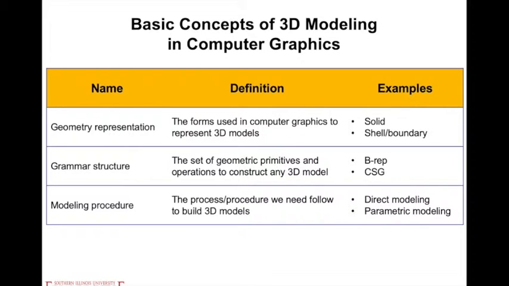Now, in order to achieve 3D modeling visualization in computer graphics, we need to know some basic ideas. The first one is geometry representation. This is the form used in computer graphics to represent 3D models. The most common example is either you use a solid model or you use a shell or boundary model.